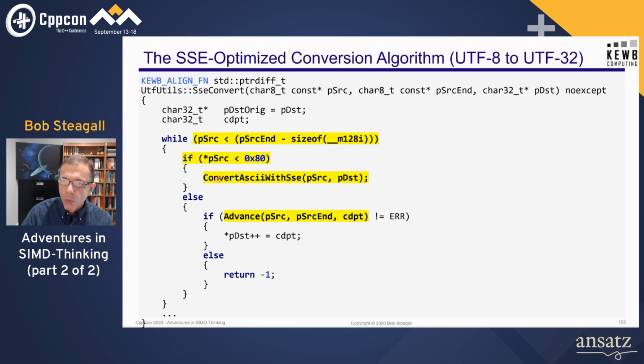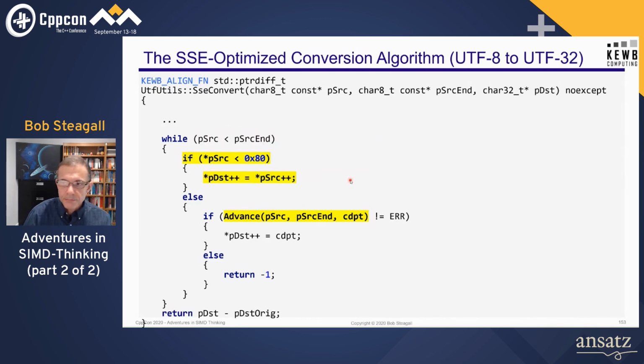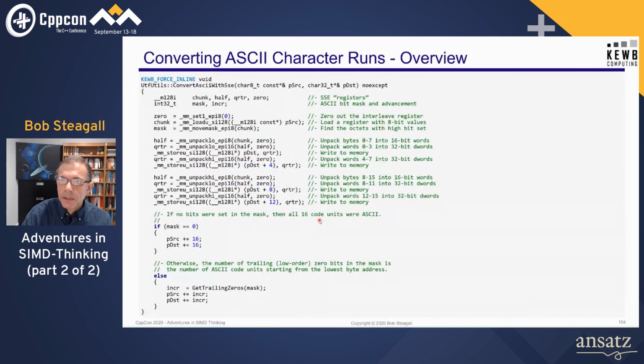If so, why don't I try to convert those ASCII bytes using SSE intrinsics? So instead of just doing the direct assignment as before, I'm going to try to do some work with intrinsics. So I pass this inline function a pointer to the current source and a pointer to the current destination. And so this is an overview of what that function looks like, and we'll go through it piece by piece.